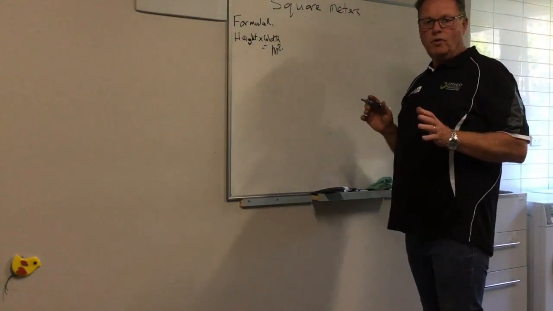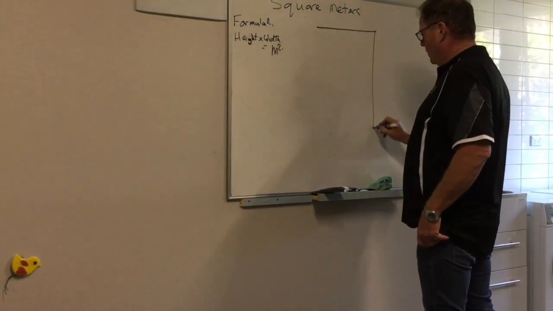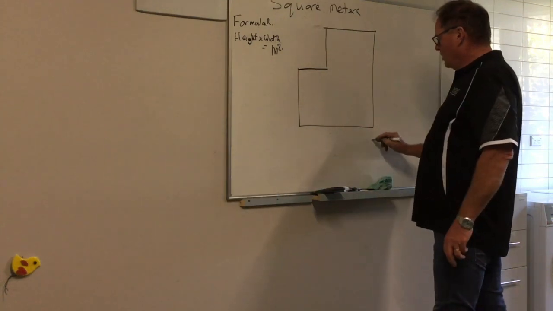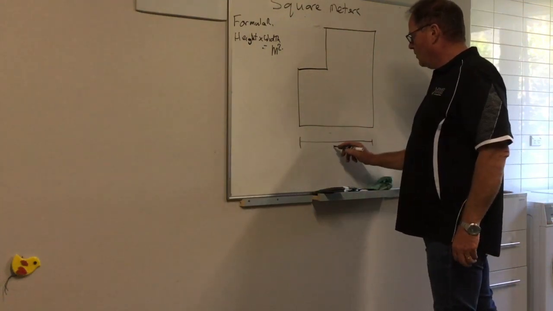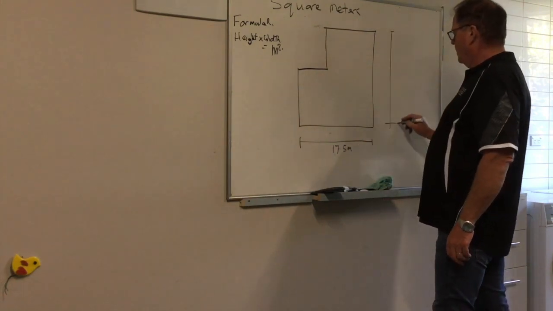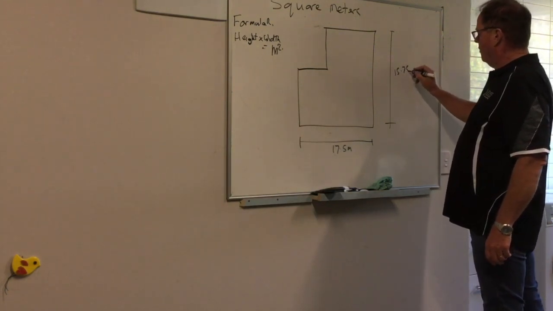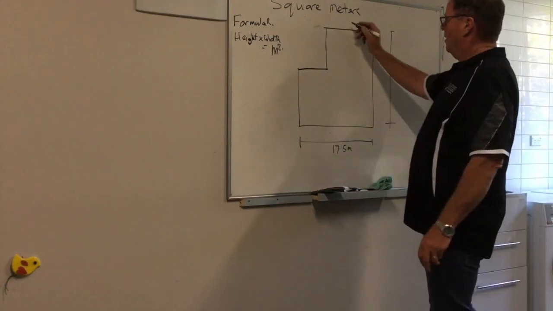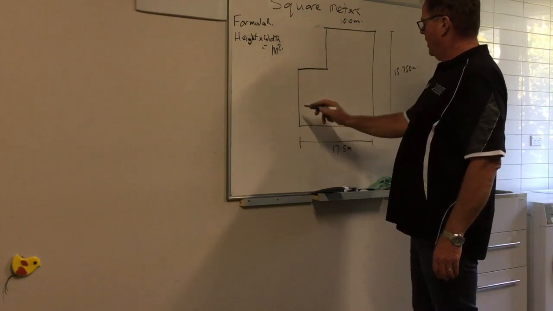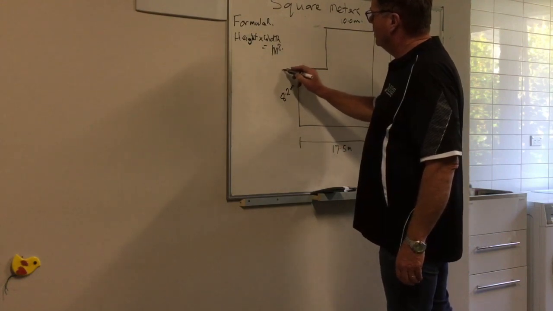Now I think it would be good to do one of these as an exercise. If we draw a building on the board here, something like that, we've got a width of 17.5 metres, a height here of 15.750 metres, over here about 10 metres, and up here about 8.2 metres.